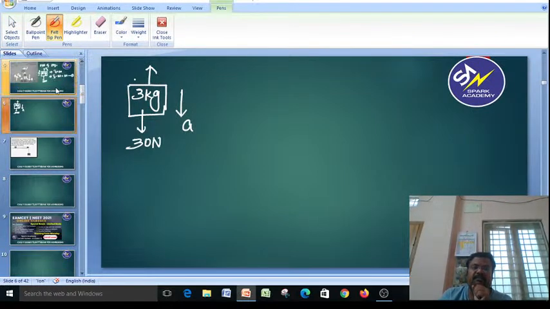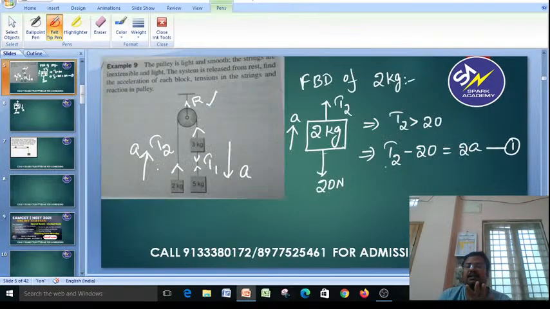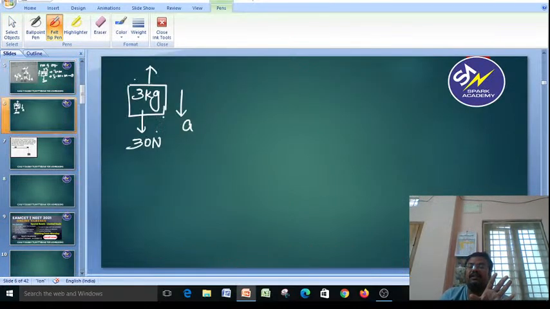Another thing: two different forces are acting, because the string connecting the 2 kg and 3 kg blocks contains tension T2, and the block experiences another force, tension T1. The tension T1 acts in the downward direction, and in the upward direction tension T2 is there.